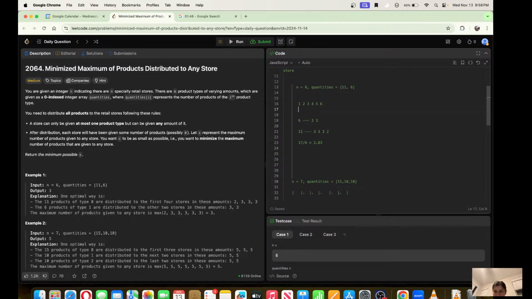or suppose if it was 3, suppose this was 6, suppose this was 7, then the answer would be 3, right? 18 divided by 6 would be 3.